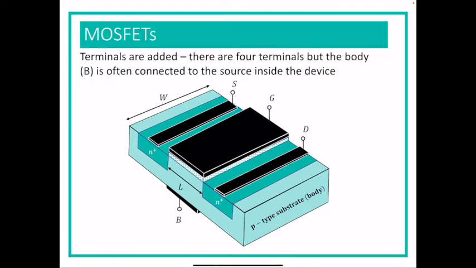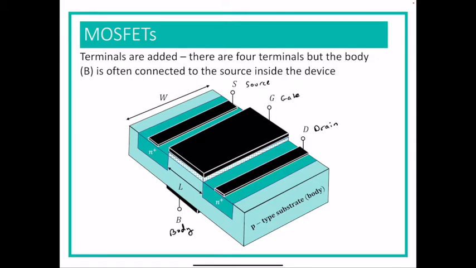And then there are terminals connected to each one of them. The terminal at the top, the S, is called the source, the G is the gate, the D is the drain, and the B at the bottom is the body. So we have source, gate, drain, and body.